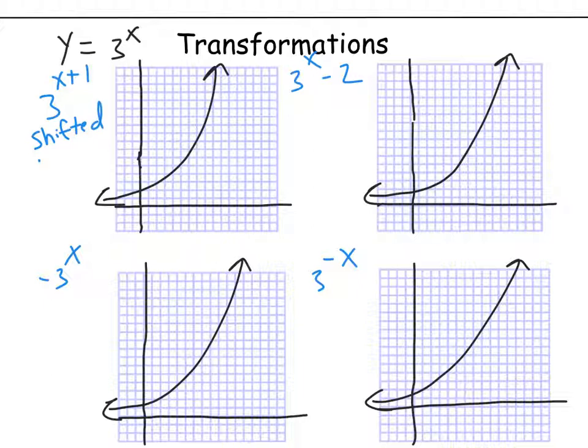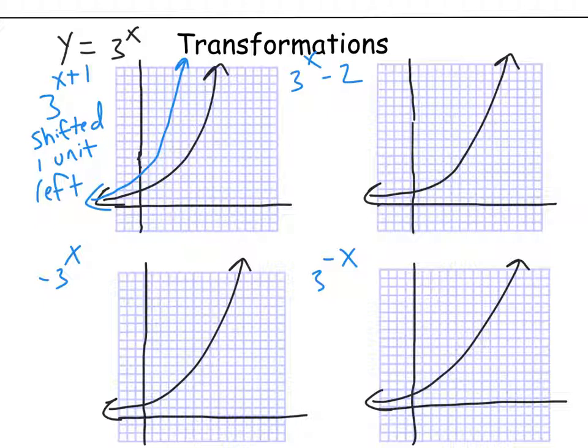This is a shift. It's up there with the x variable, so it's horizontal, but the x is always funky, and it does the opposite of what you would think. So it's shifted 1 unit to the left. What I really want you to see is that for the horizontal shift in an exponential equation, you're going to see something added or subtracted in the exponent.